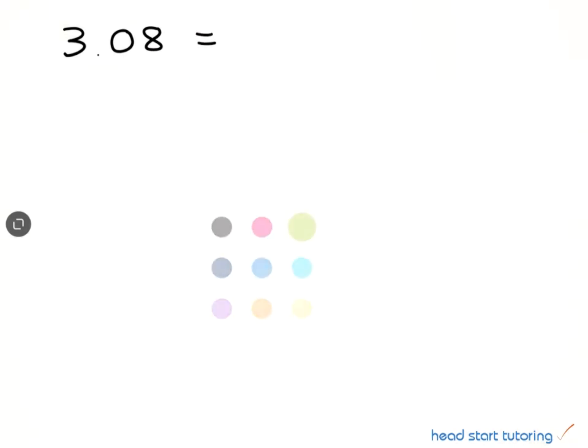We are going to have a look at rounding numbers off to the nearest unit. So if we have a look at 3.08, there's our units. We have got 3 units there. And when we are rounding off to the nearest unit, we need to have a look at the place value to the right of our units. Because we have got 0 tenths in this number, our 3 is going to stay as 3.00.